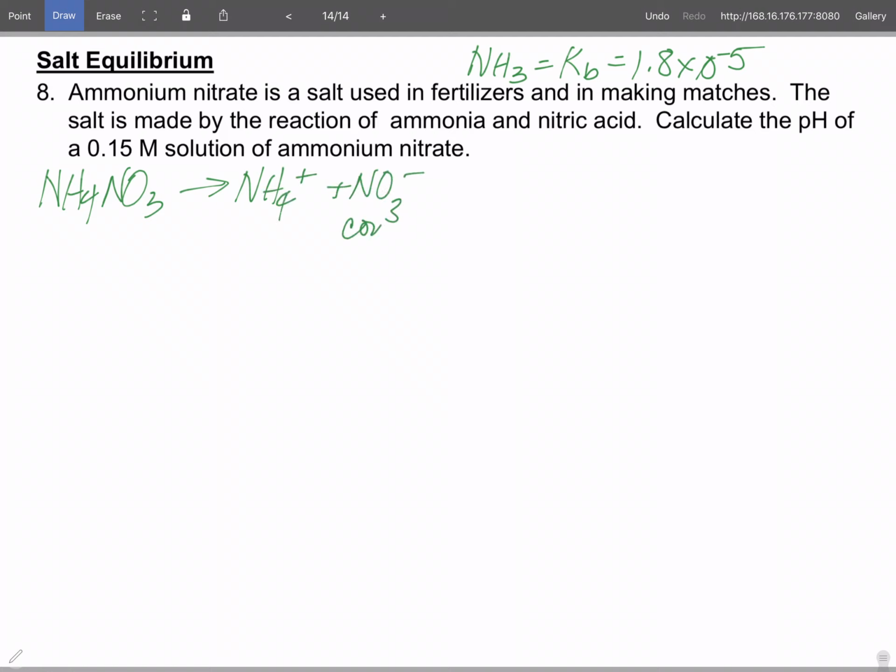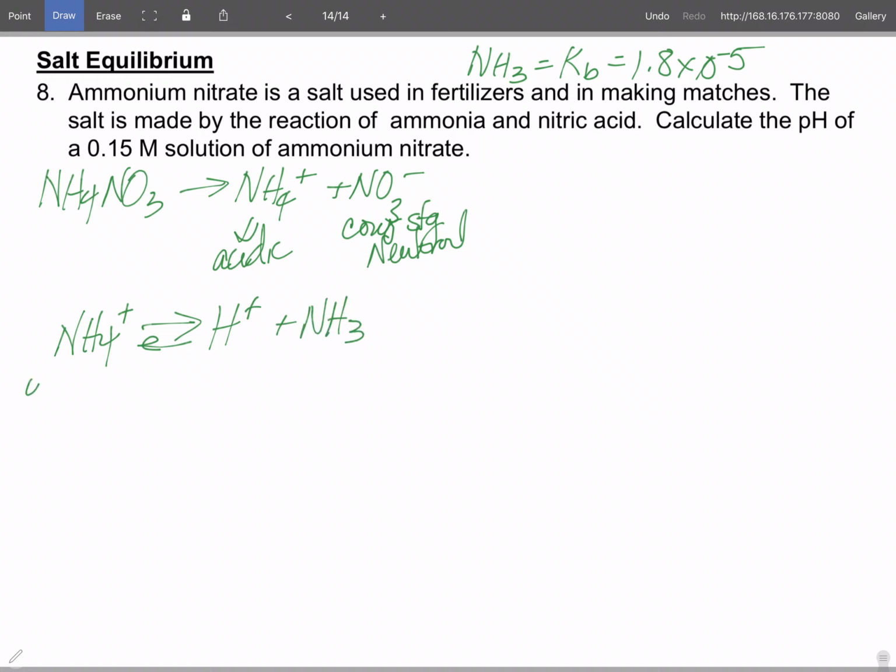This is the conjugate of a strong acid, so it's neutral, which means this one's going to be acidic. So we're going to have NH4 plus yields H plus and NH3. It's an ICE table.